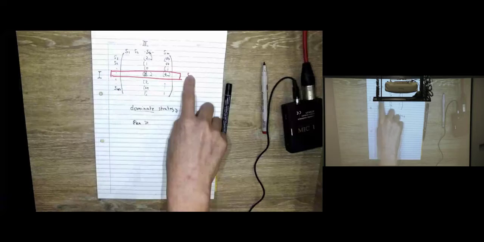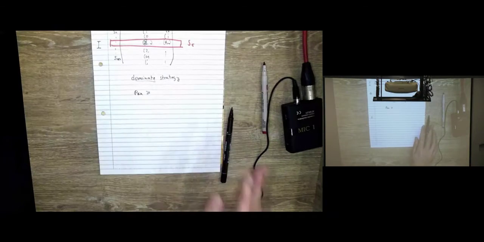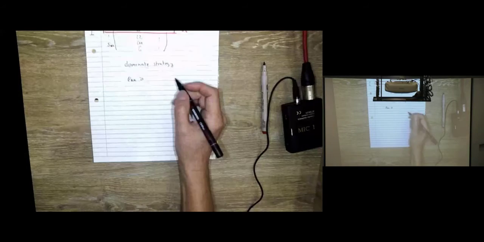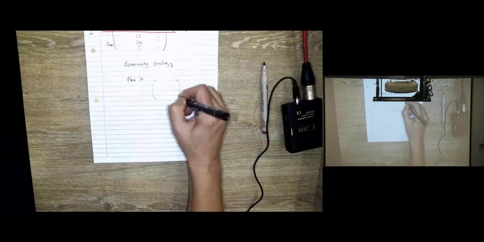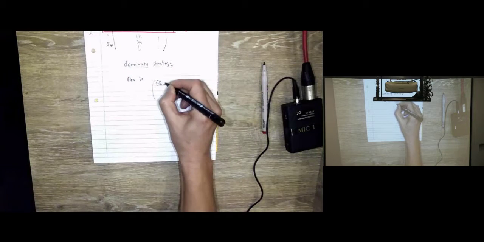So this strategy is one of the dominant strategies. Maybe I shouldn't be too general. Let's look at the example. The example I give you is what? -8 here.